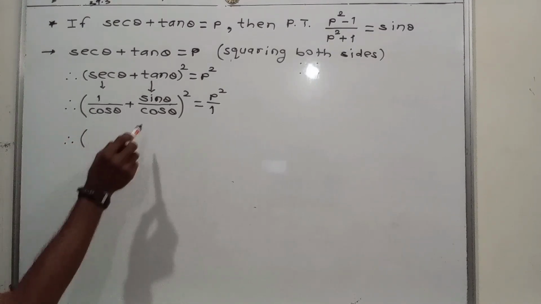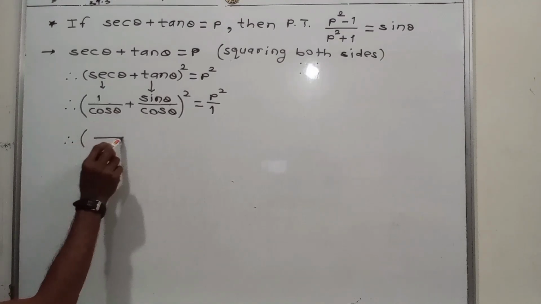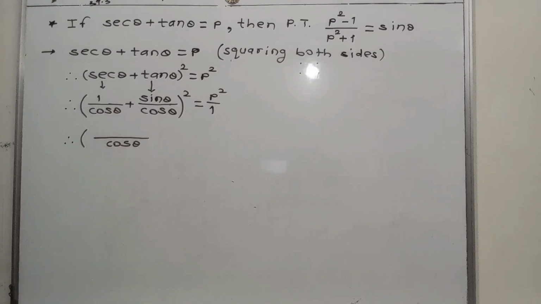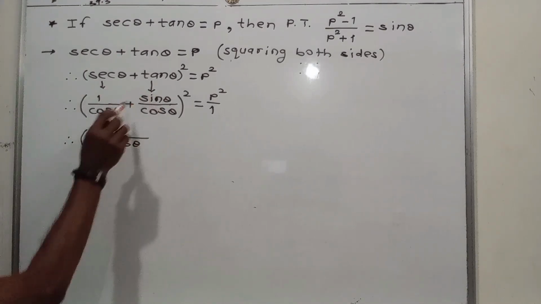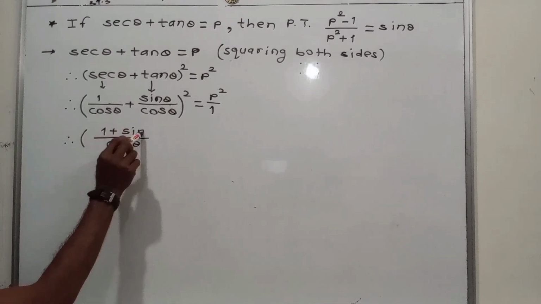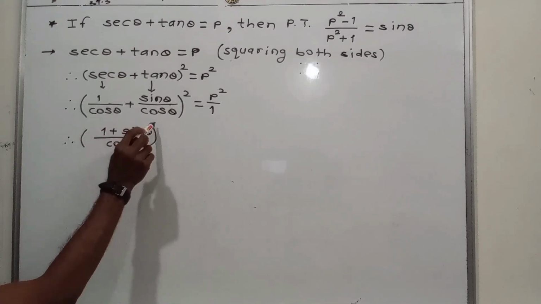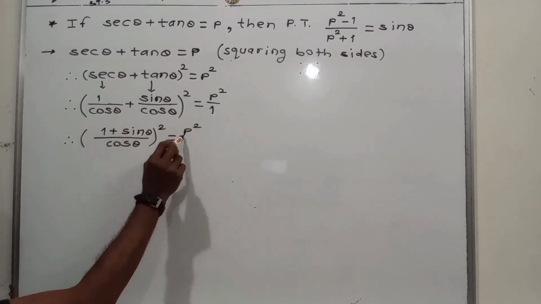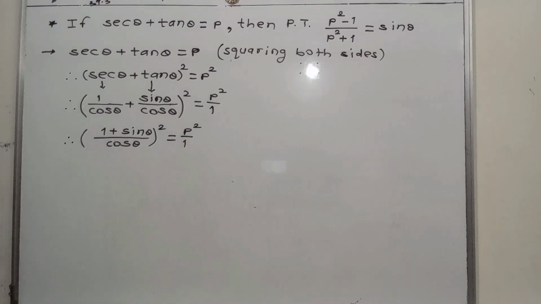We have studied when denominators are same, then we write only that denominator single. Addition or subtraction of numerators. Here addition bracket square is equal to p square upon 1.